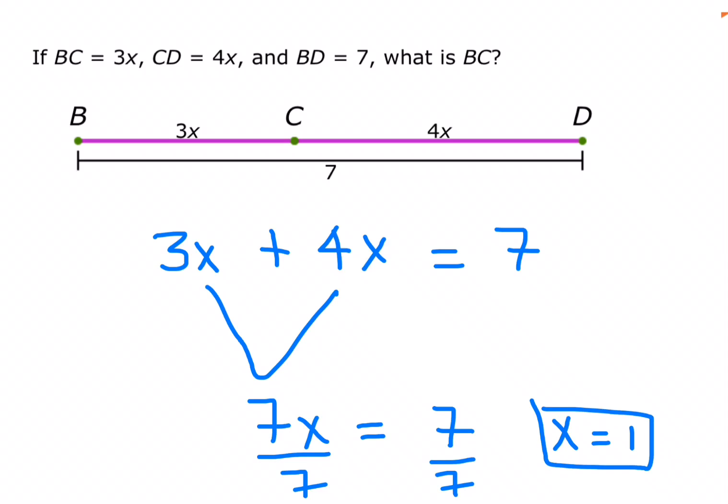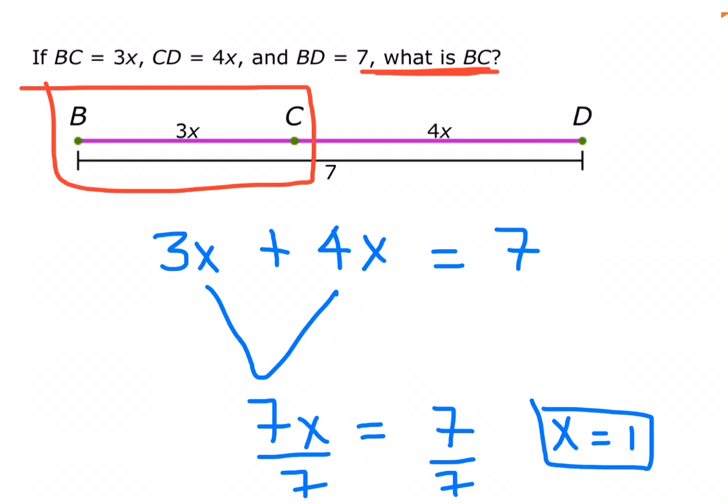Now, here's where most of you guys are going to get confused. We found out that x is equal to 1. But they don't want to know what x equals. They want to know what BC is. So BC is right here, and BC is equal to 3x.